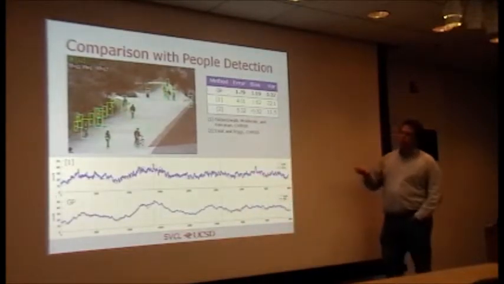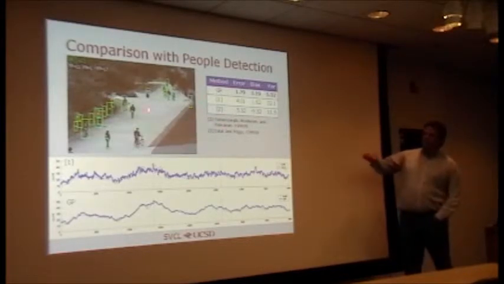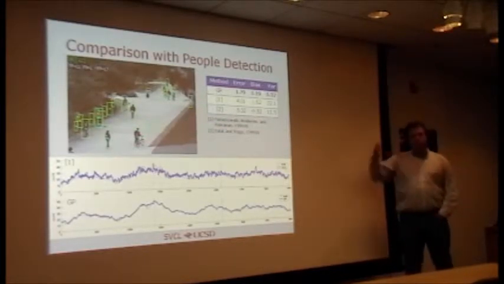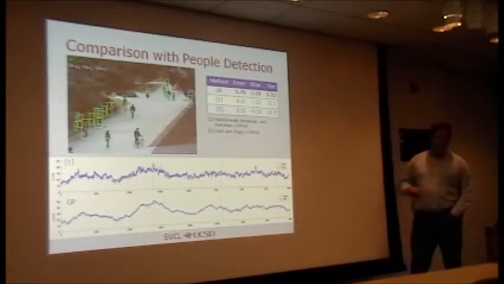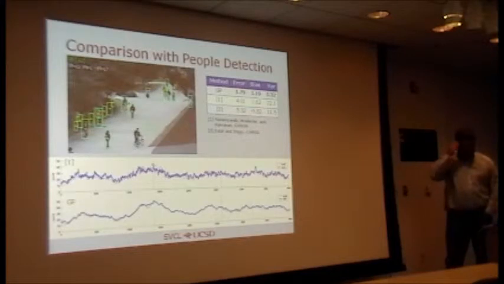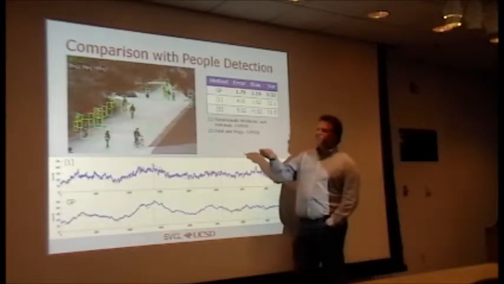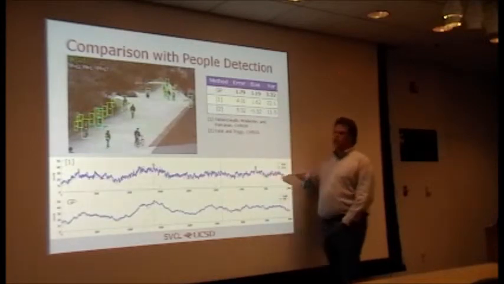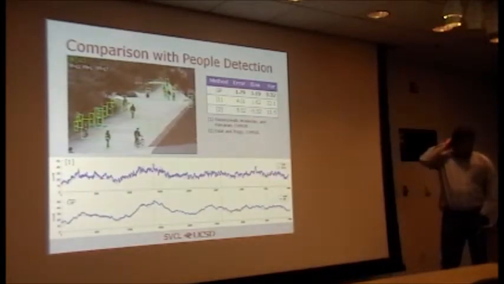If you don't do any post-processing, it doesn't work at all, as you can see here. Without some sort of temporal integration to get rid of all the false positives, it makes lots of errors. So we put some effort into getting rid of these things and trying to get it to work.